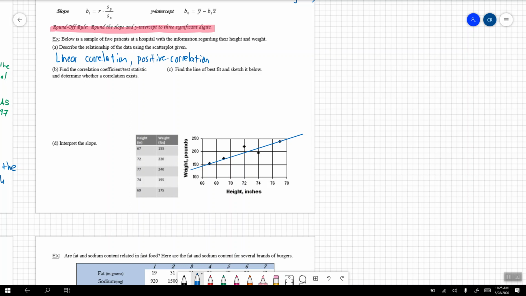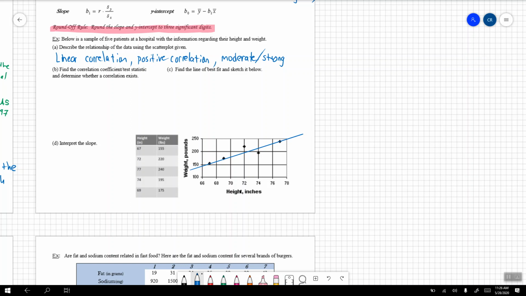So linear, positive correlation. Now one more thing, is it strong, is it weak, or is it moderate? Well, at this point in time, since we only have 5 data values, I'm going to say that this is either moderate or strong. And the reason I'm saying this is because within 5 data values, it's really hard to extract whether this is moderate, strong, or even weak. But at this point, it kind of looks like it's going to be moderate or strong.